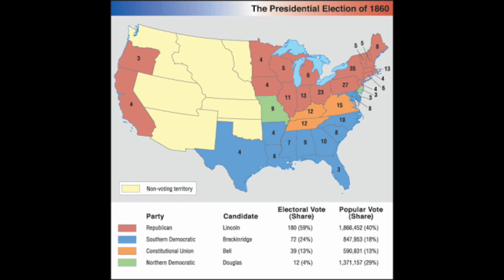But the beauty of this map is if the Democrats were able to run behind one candidate, they would have picked up those votes from Kentucky, West Virginia, Tennessee, and Missouri and would have made it almost a deadlocked race for president. But because the party splits, Lincoln just simply winning the North gives him the election of 1860, and he is going to go on to become the next president of the United States.